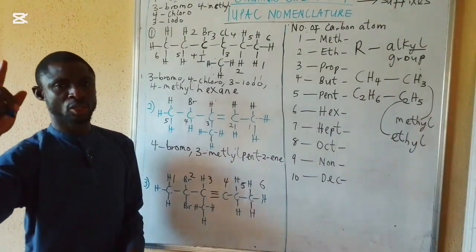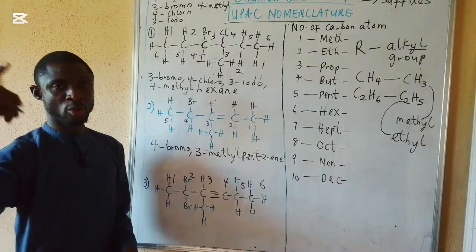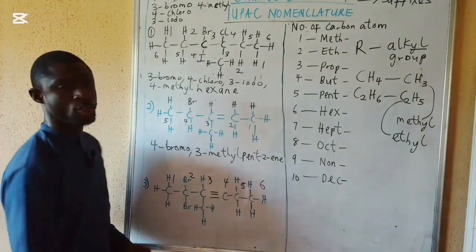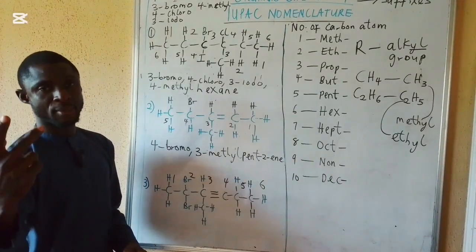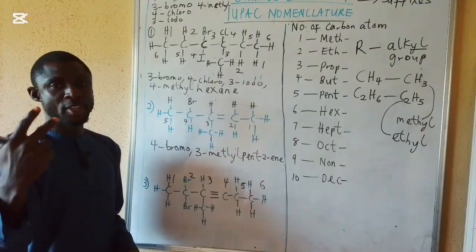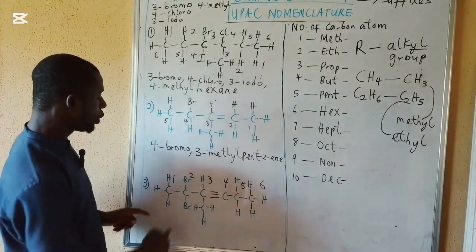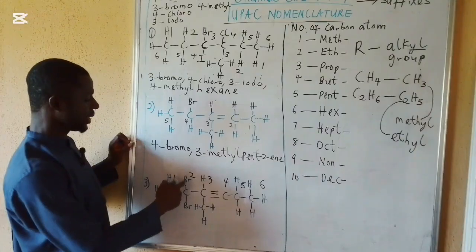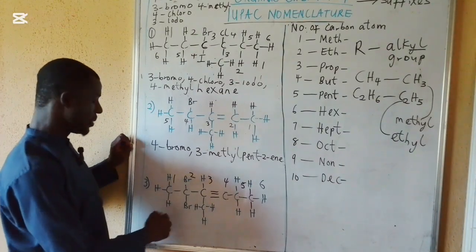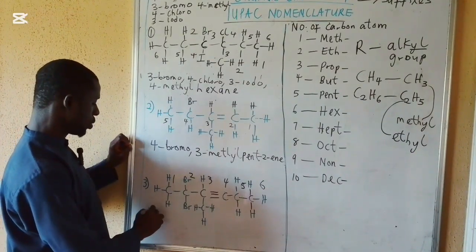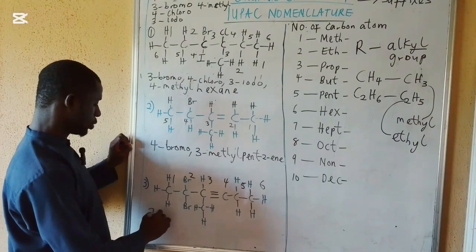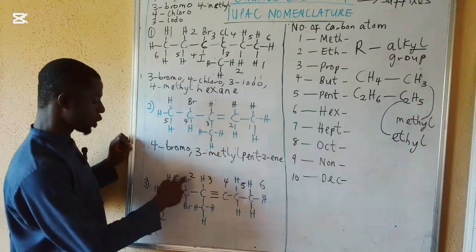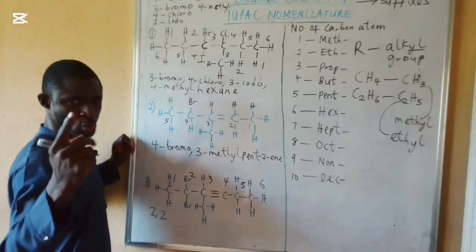How many times does it appear? Two times. So you are going to introduce di. Now on carbon number 2, we have one bromine here, and on carbon 2 we have bromine again. So we have 2, 2, because on this carbon number 2 we have 2 bromine.